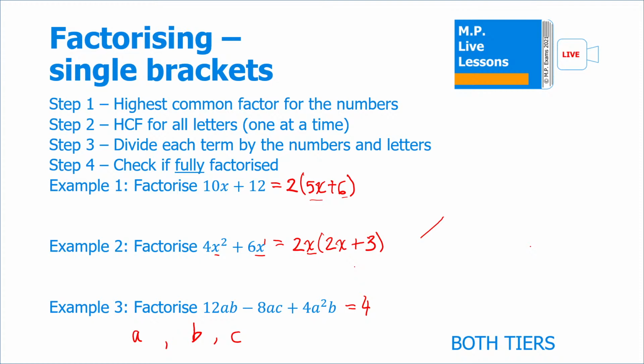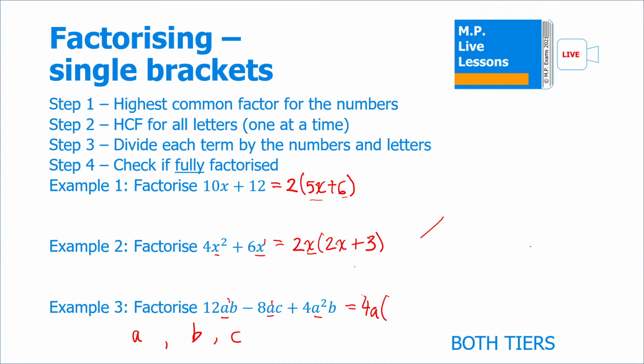So 4 is our numeric, or the number, highest common factor. Then we look at all the A's. So we have an A here, an A here, and an A here. So the highest power of A that will go into each of these is just 1. So A. Not all the terms have a B, not all the terms have a C, so that's our factor.